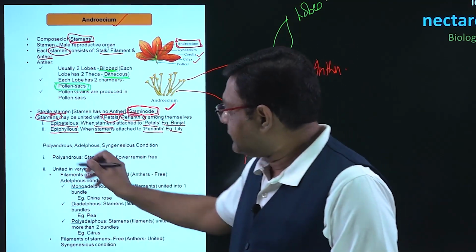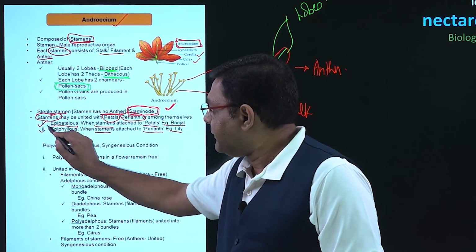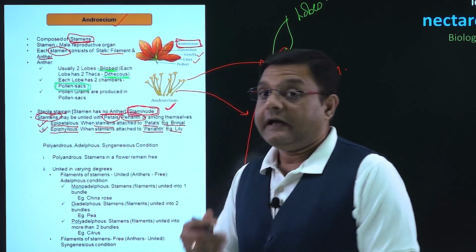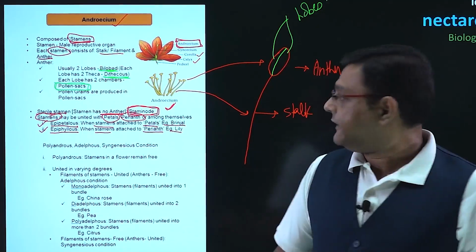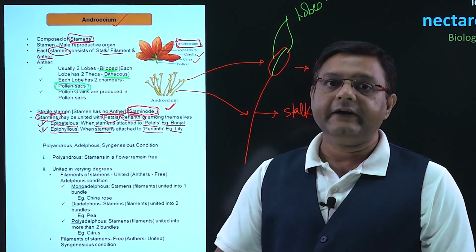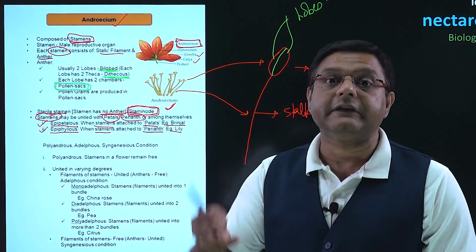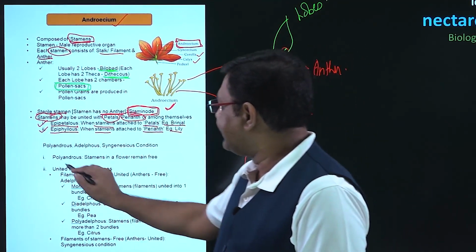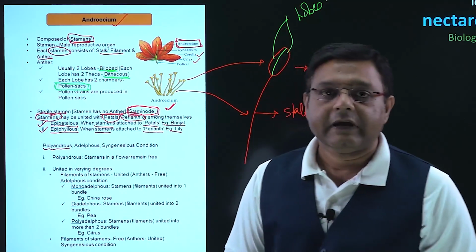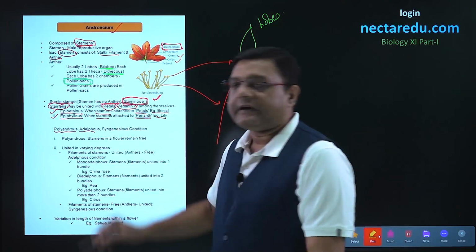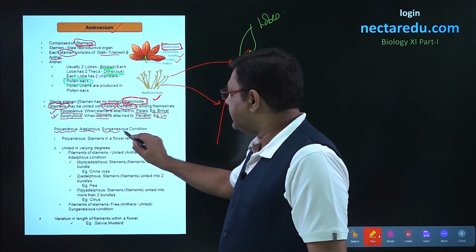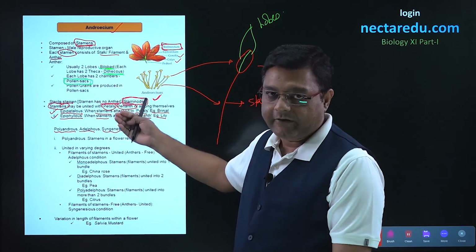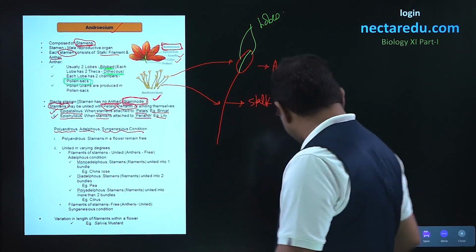After covering these two conditions, that is epipetalous and epiphyllous, there can be cases in which stamens are joined among themselves or these are not joined. So these cases can be called polyandrous condition. There can be Adelphous condition, there can be syngenesious condition. So we will look into the details of these conditions.